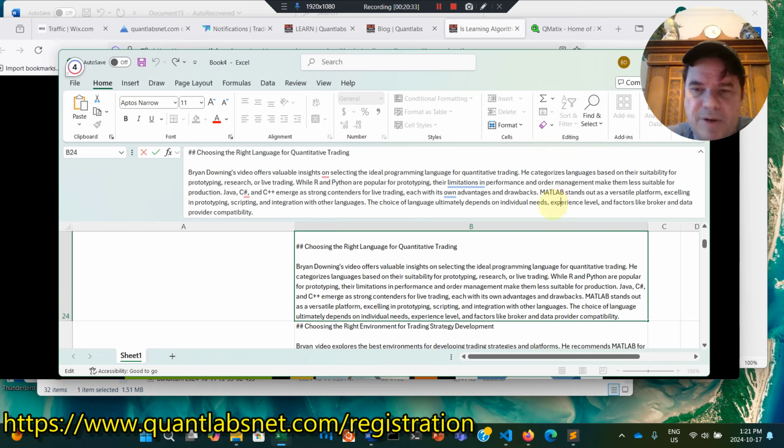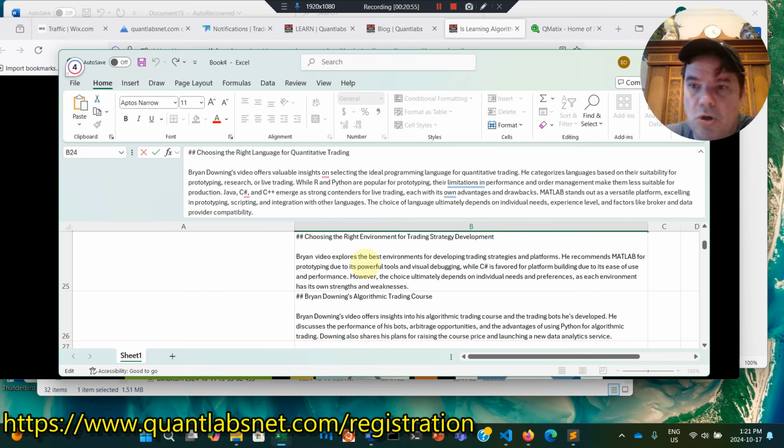It also depends upon your experience level and the factors around your chosen broker and the provider compatibility of what language you want to use. So there's a variety of combinations you've got to worry about. And now regulation is becoming a big thing where you live. Crypto is a big one, where maybe you can't use Binance in your country anymore.